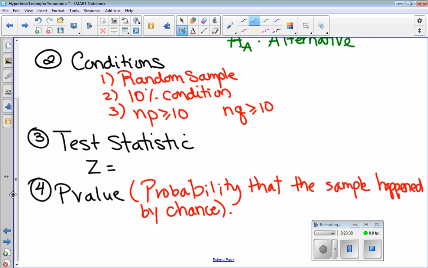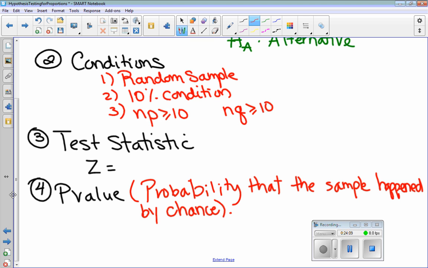Small, very small. We want the likelihood that our sample happened randomly, happened by chance, to be pretty small. We want the results to be meaningful. So therefore, the smaller p-value you have, the more evidence you have to support your alternative hypothesis.